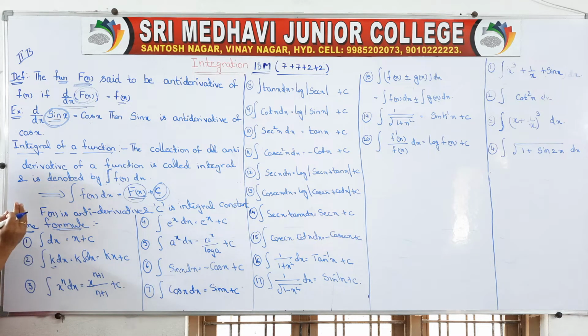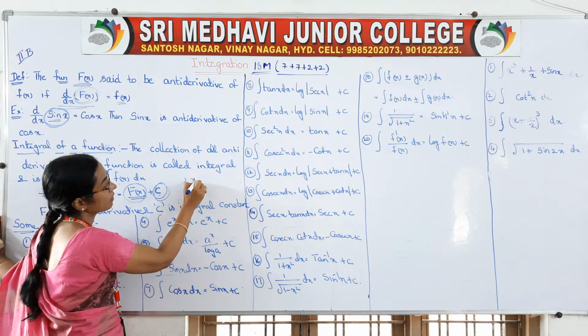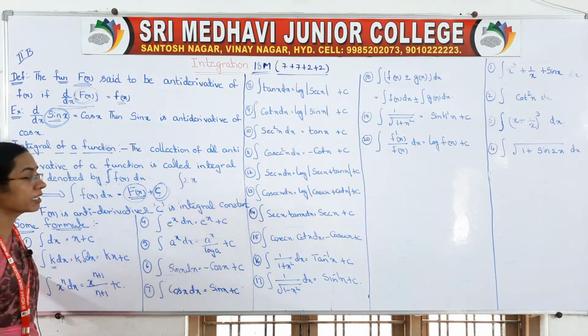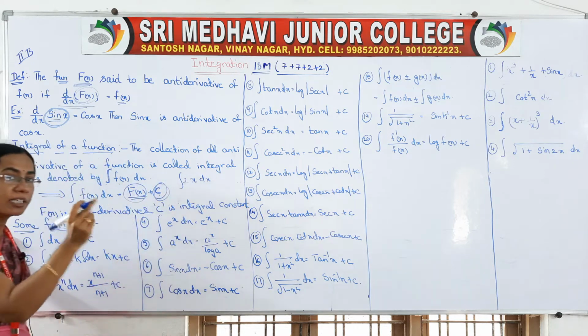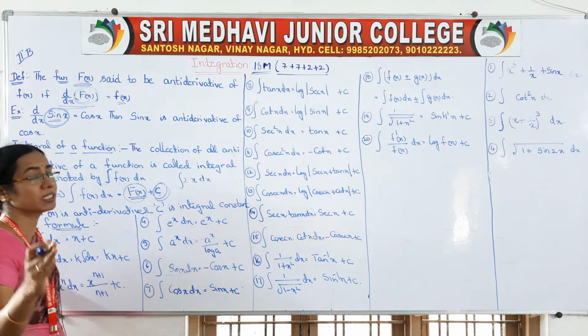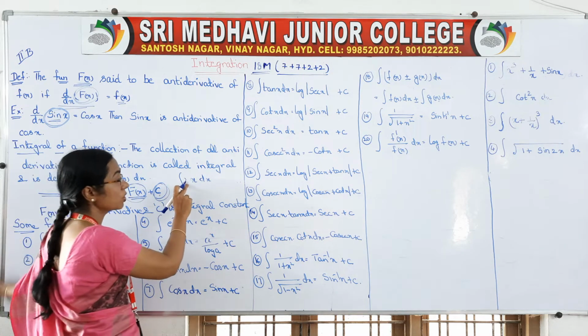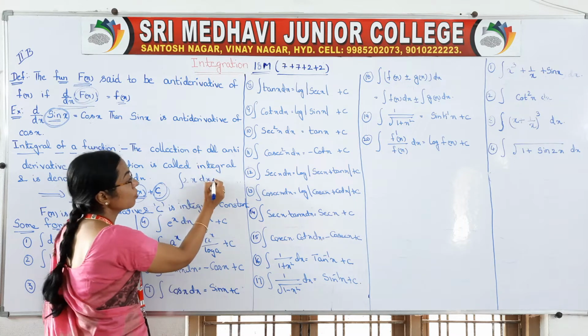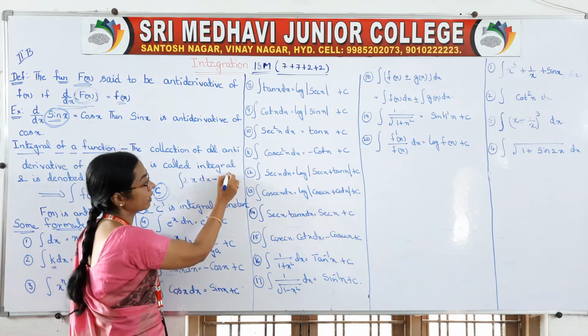Whenever some constant is there, suppose you are having 2x, like integral 2x dx, in k's place we are having 2. k means constant. Constant means all the letters and all the numbers, as we already discussed in differentiation. So whenever it is like that, you write the constant outside of the integral.